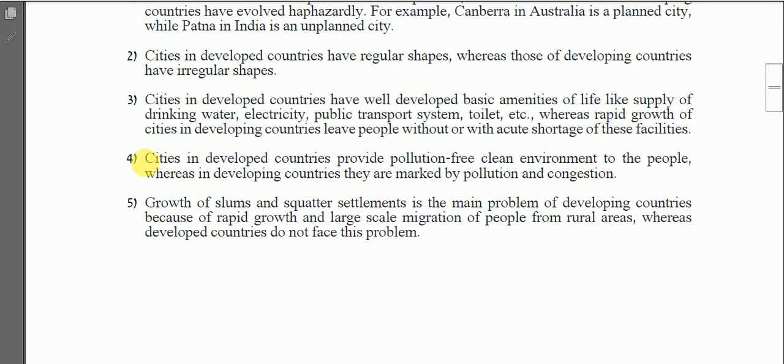Then the fourth point: cities in developed countries provide a pollution-free, clean environment to the people, whereas in developing countries they are marked by pollution and congestion. In most of the planned cities of the world, they do not have industries in the heart of the city.